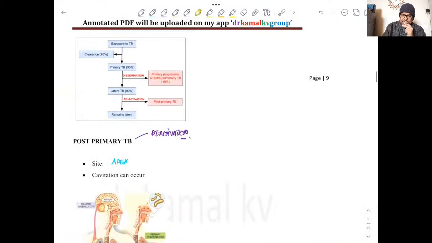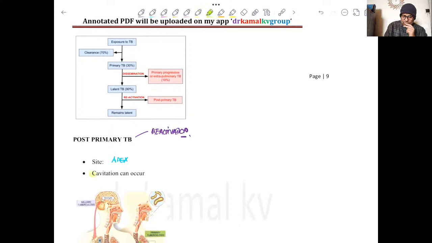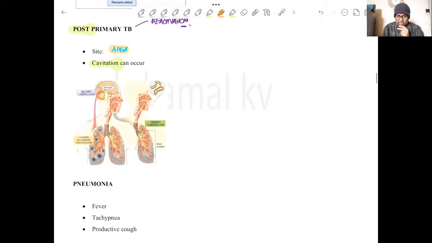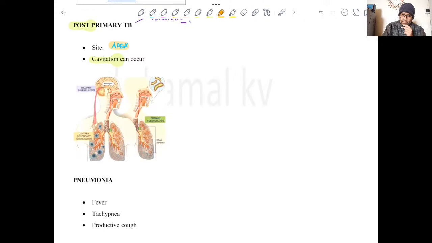And what else we see in secondary, there is one change which we don't see in primary, and that is cavitation. So cavitation is only related to post primary, or sometimes known as secondary. Clear? So it involves the apex, and there can be cavitation if we take an X-ray. So these are two things. And third is miliary, when the tubercle bacilli gain entry into the blood vessels.